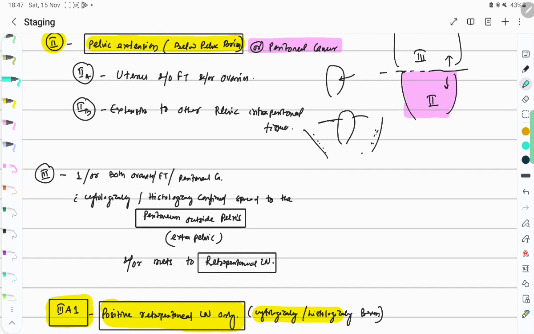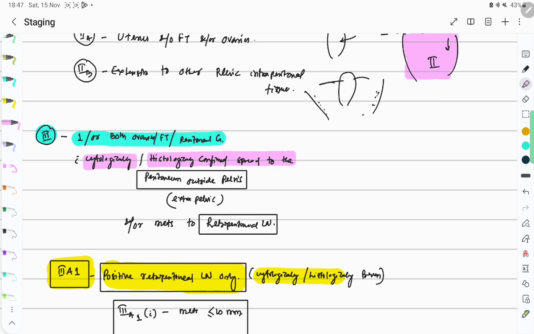Then stage 3 is one or both ovaries or fallopian tube involved, or peritoneal cancer, with cytologically or histologically confirmed spread to the peritoneum outside the pelvis.